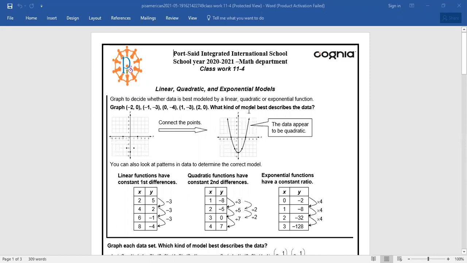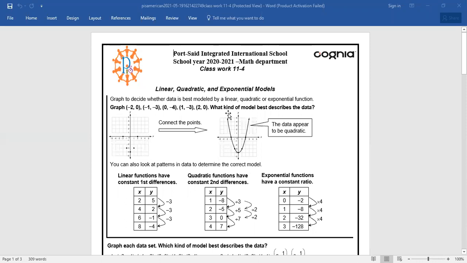What kind of model best describes this data? Once we represent these ordered pairs graphically, we have -2 and 0, so we go to -2 and stop. Then -1 and -3, so we go down to -3, 0 and -4, then 1 and -3, and then 2 and 0.